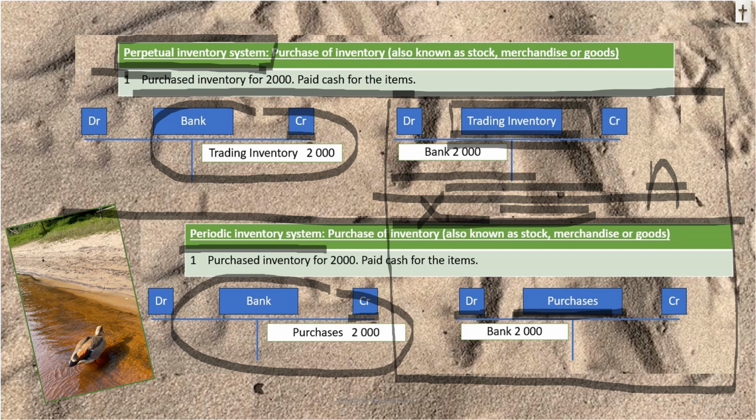Now, in the periodic inventory system, any movement of stock is recorded in an account called purchases. Purchases is treated as an expense. So in the periodic inventory system, all movements of stock are recorded in a purchases account.